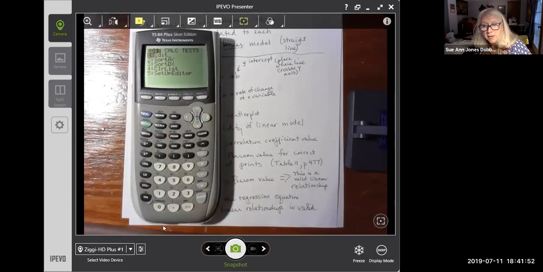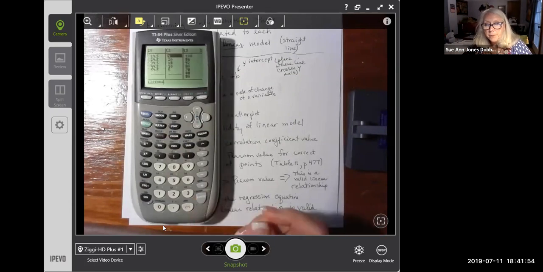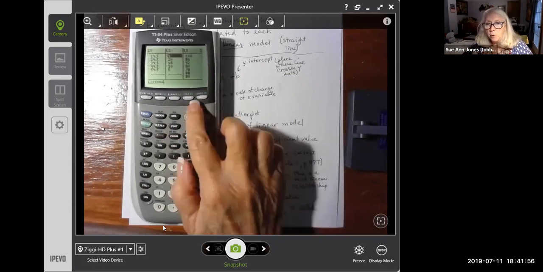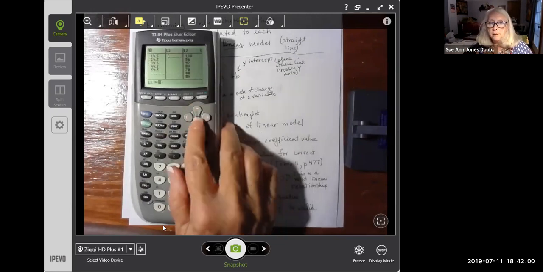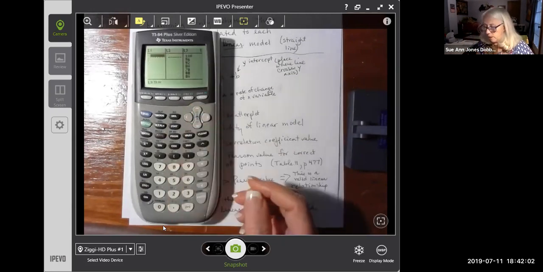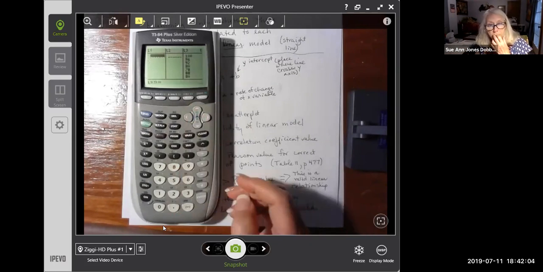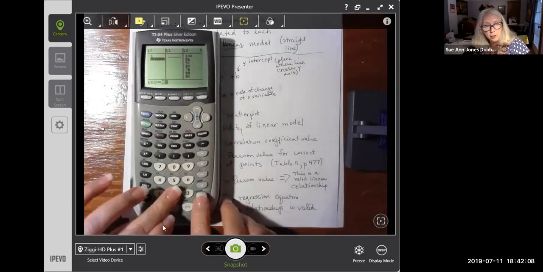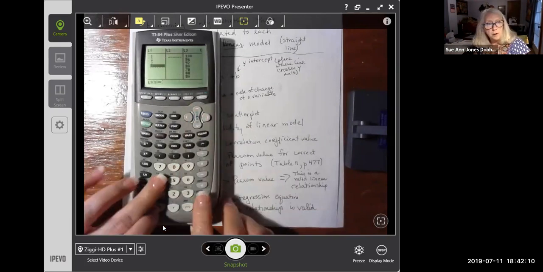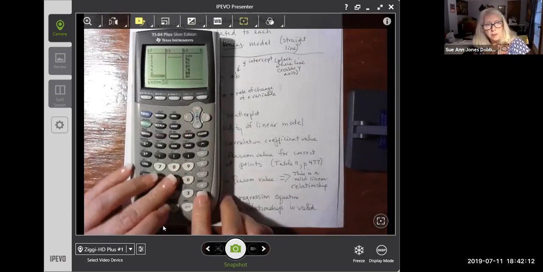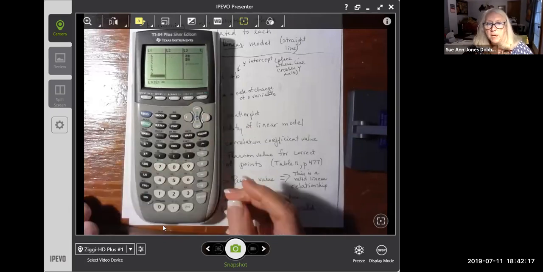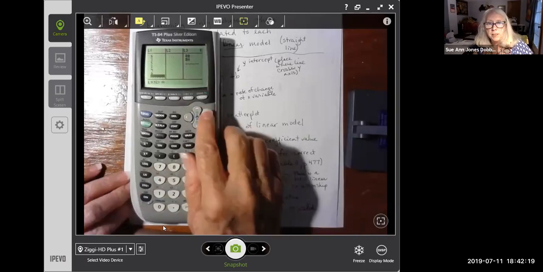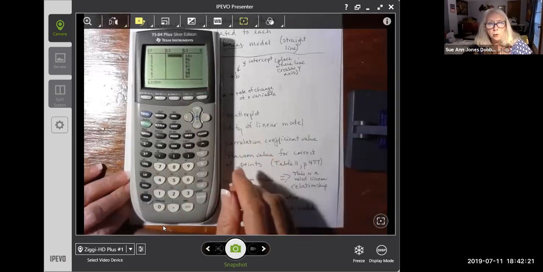So I'm going to hit enter, and I'm going to erase the field for L1 and L2, and then I'm going to put the age values into list 1. So 1, 2, 3, 4, 5, 6, 3, 5, 2, 4, 6. And then I'm going to put into L2 the number of words.